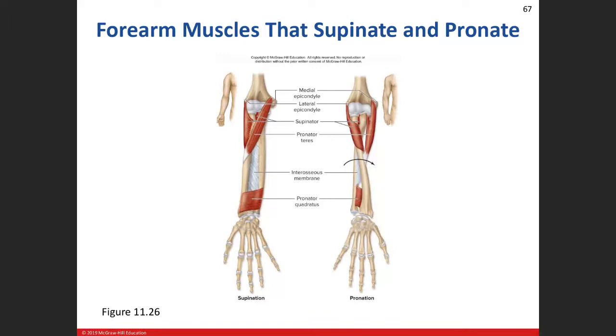So here you can see, when we're in the supinated position, here is the Pronator Teres muscle, coming from the medial epicondyle, crossing over onto the radius here. It helps roll that hand down for pronation. So when this muscle contracts, it flips the radius across the ulna here.